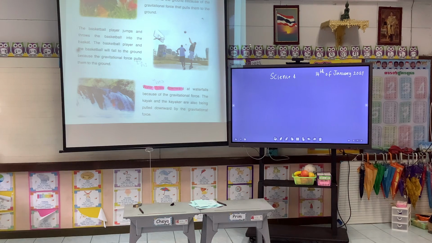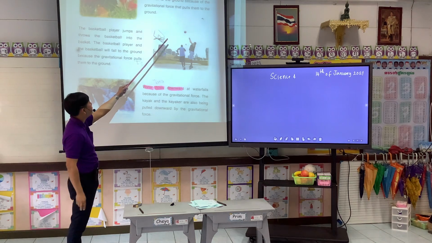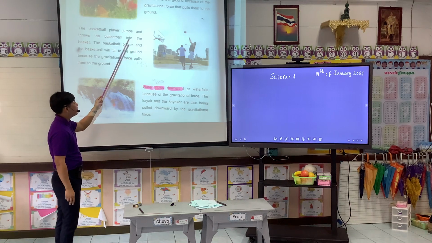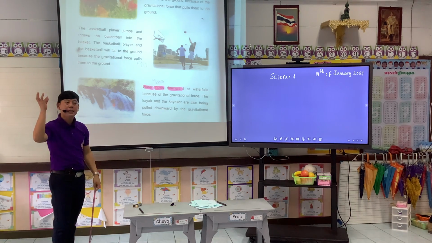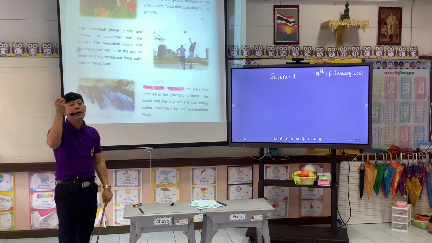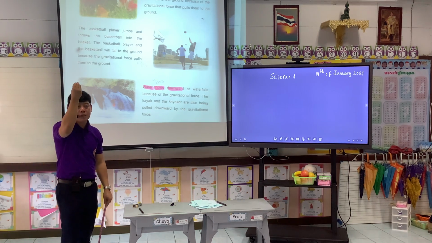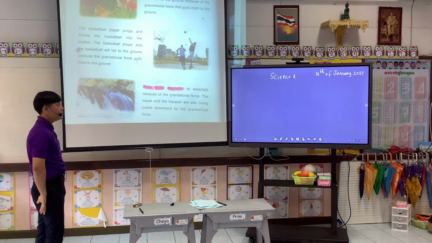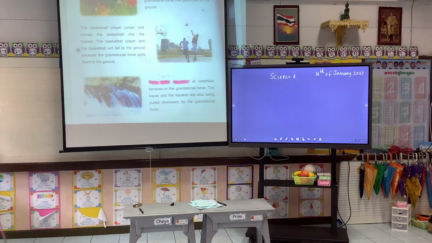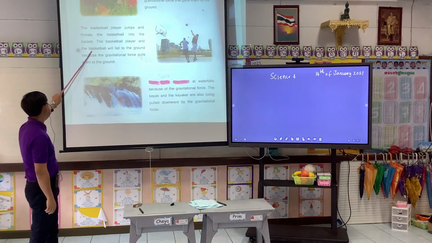The leaves that have been shed from trees fall to the ground because of the gravitational force that pulls them down. Even the leaves of the plant fall down, even though they are not heavy, because of the gravitational force. The basketball player jumps and throws the basketball into the basket.